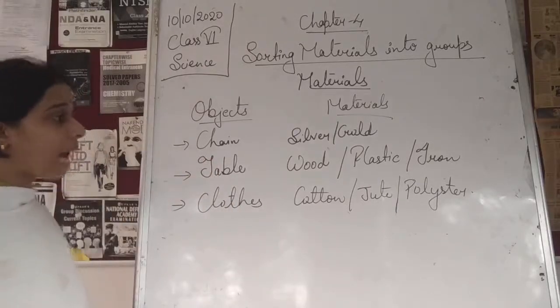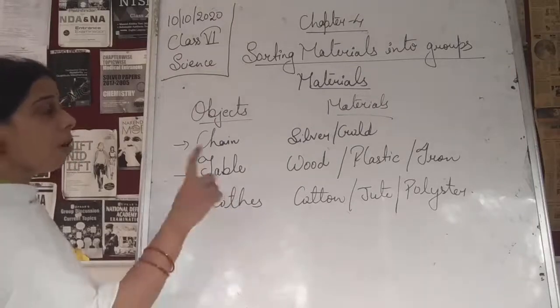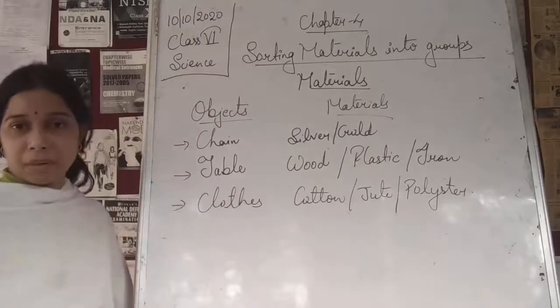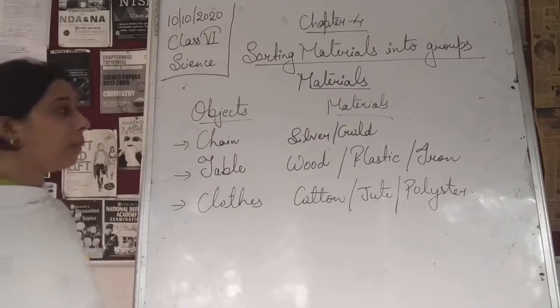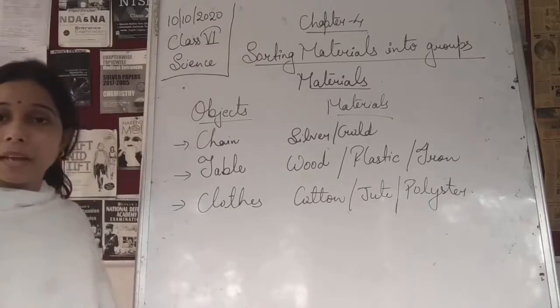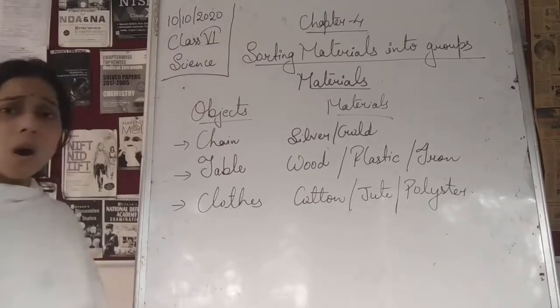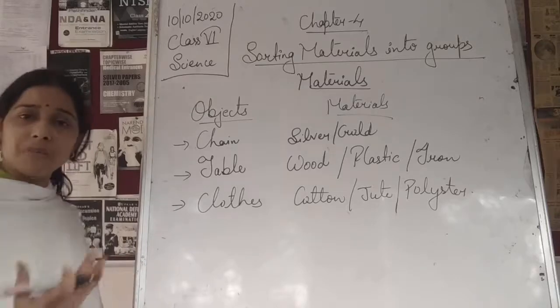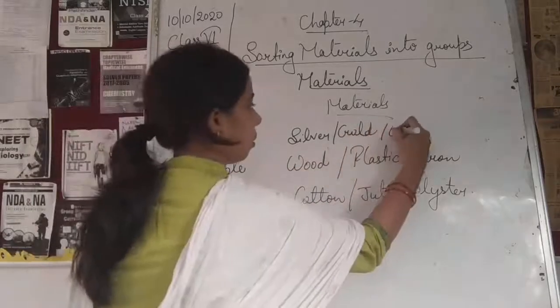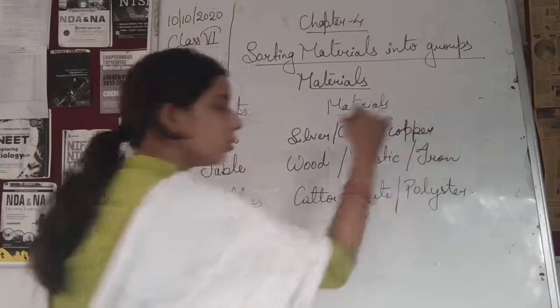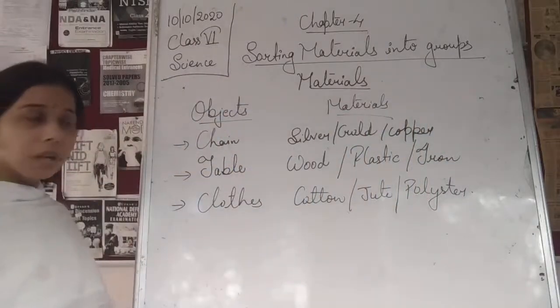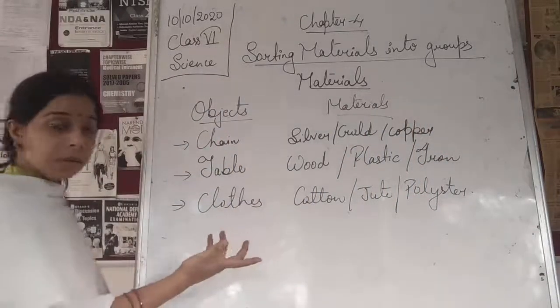And it can be made up of more than one type of material, right? It can be made up of silver, it can be made up of gold, or it can be a copper chain, anything, right? Iron chain, okay.